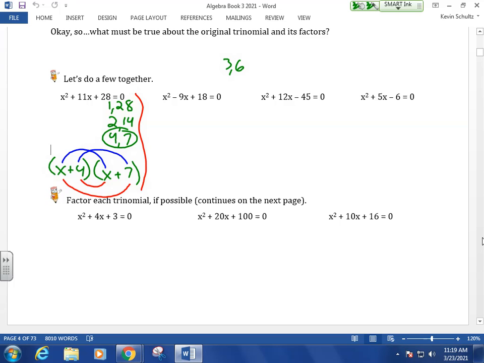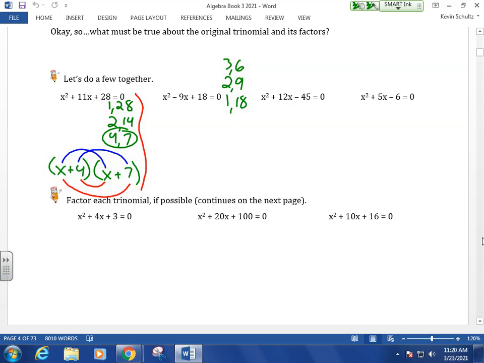Sorry, I have a habit of always putting the smaller number first. I can't control it. It's just OCD. But 3 and 6 is an option. Yes. 2 and 9, maybe? Yep. And what's the other option? Don't forget about this one, because it will come up from time to time. Yeah? 1 and 18. Okay?